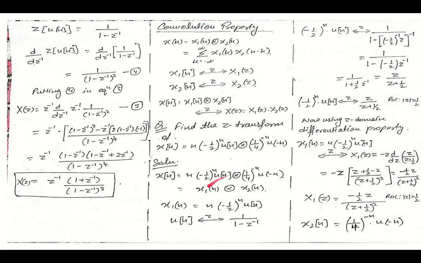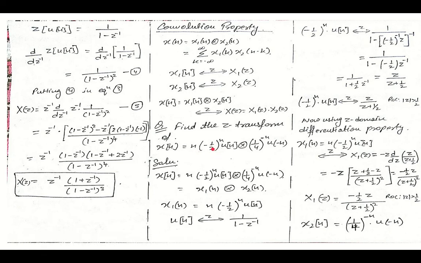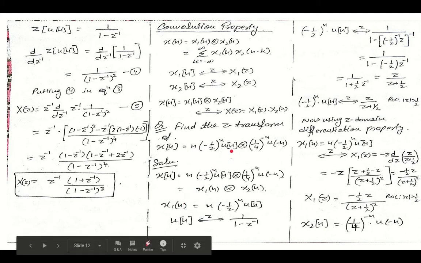For the first function, x1[n], we can see that the signal over here is scaled first, that is (minus 1 by 2) to the power n, and then we have to utilize the differentiation property as n is multiplied over here. So firstly we calculate the Z transform of u[n], which we obtain as 1 upon 1 minus z inverse.